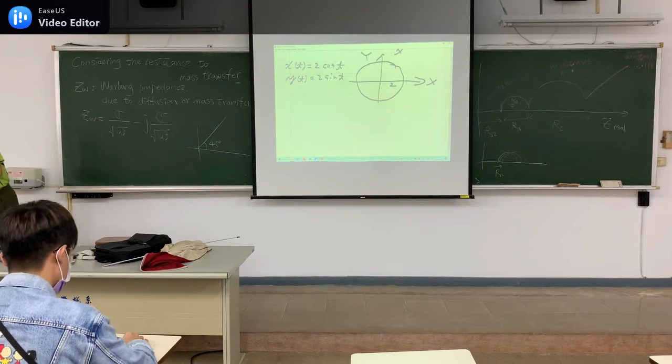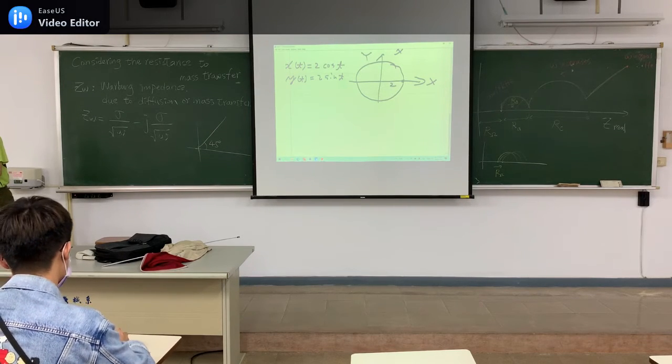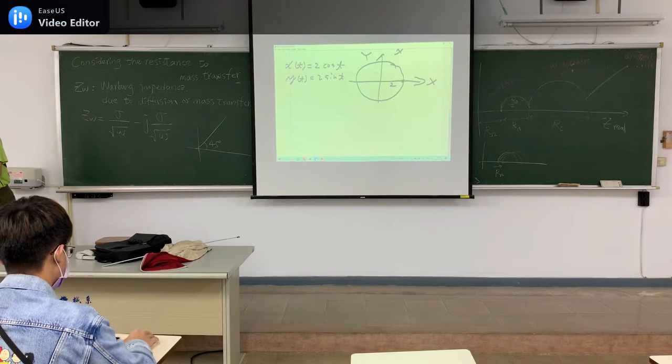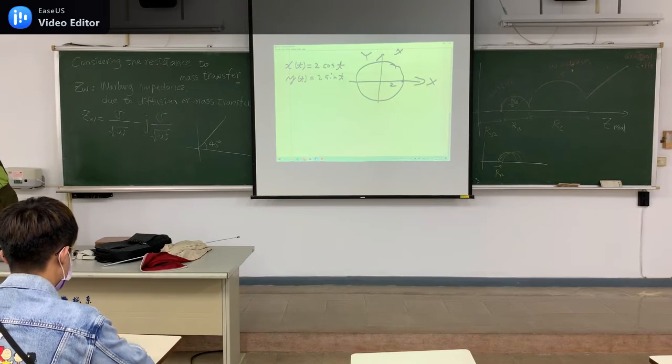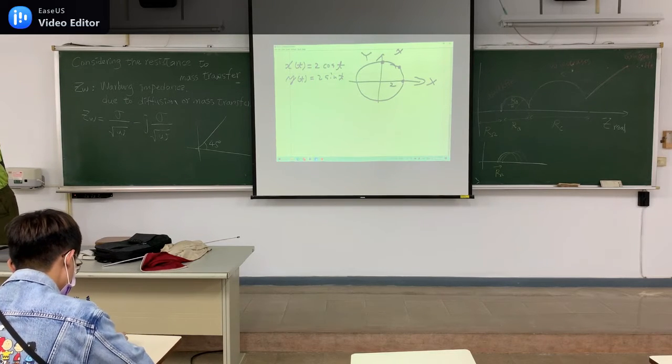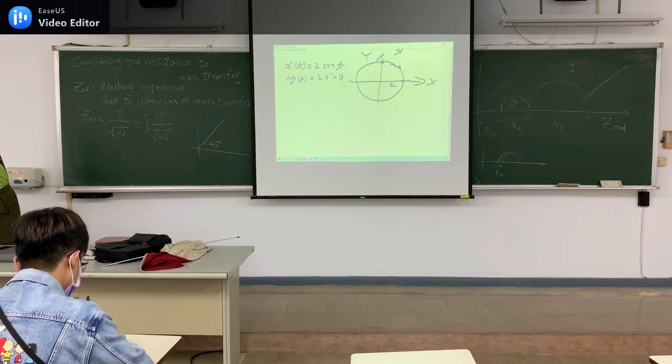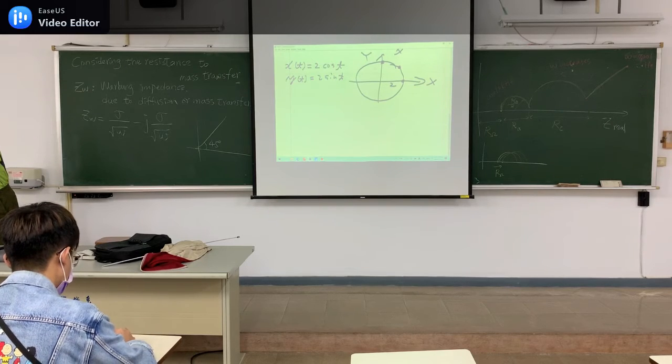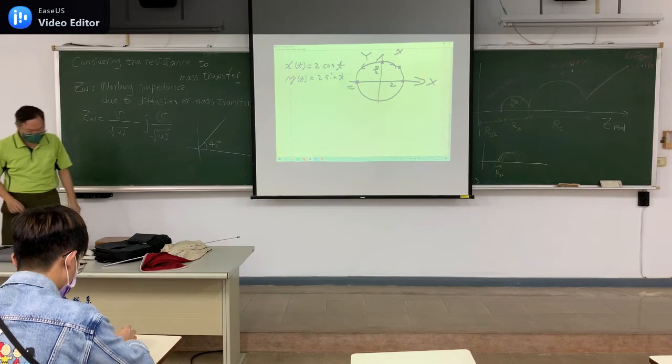When t is 0, the point is here. When t is 1, it will be here. When t is pi over 2, it is here. When t is pi, it is here, and so on.